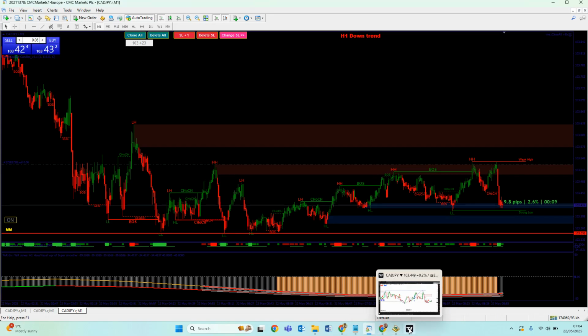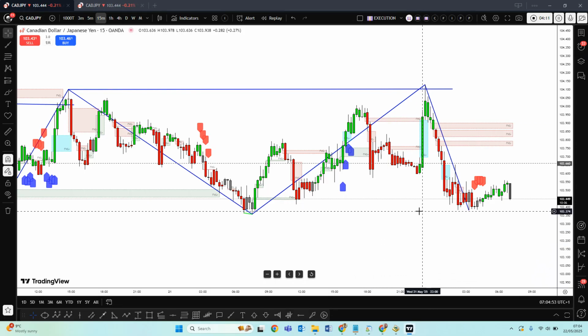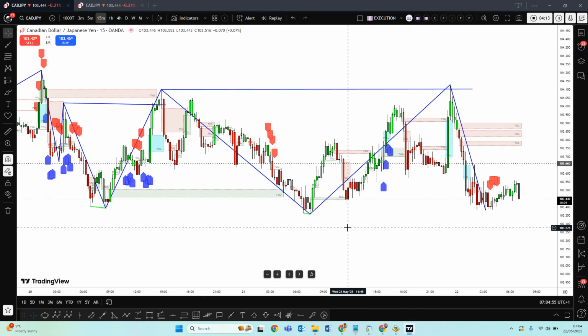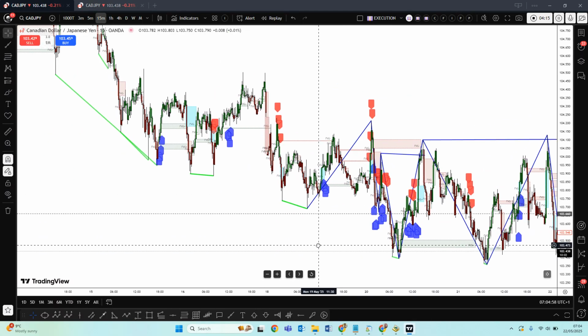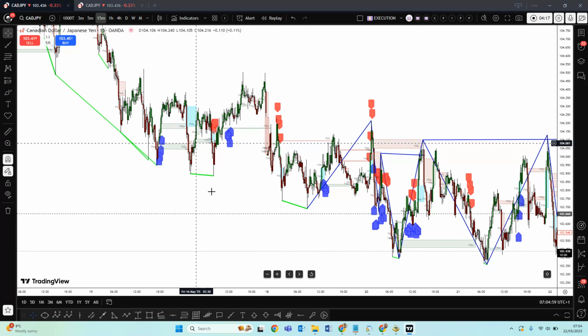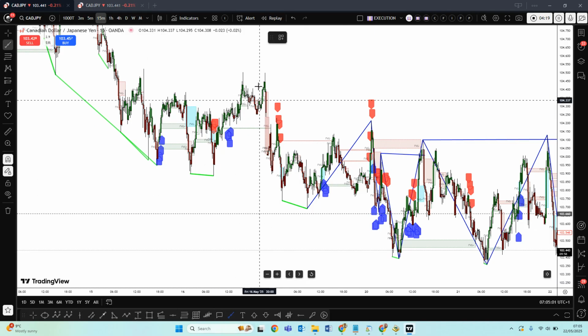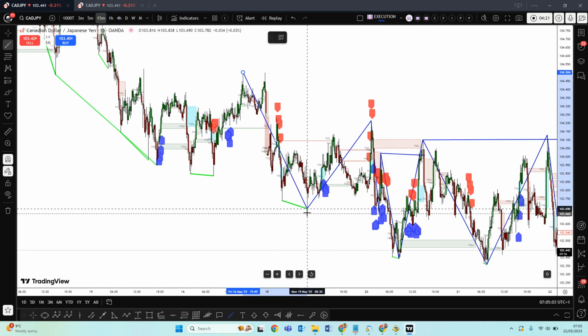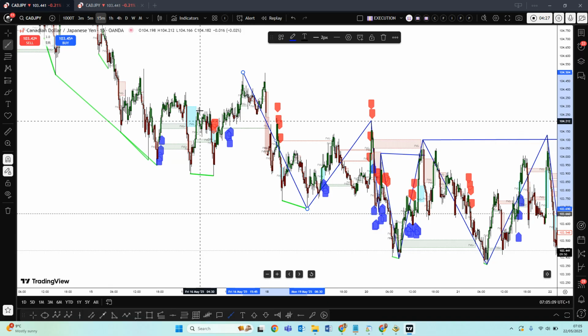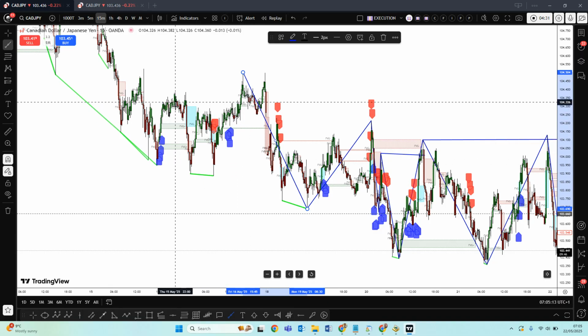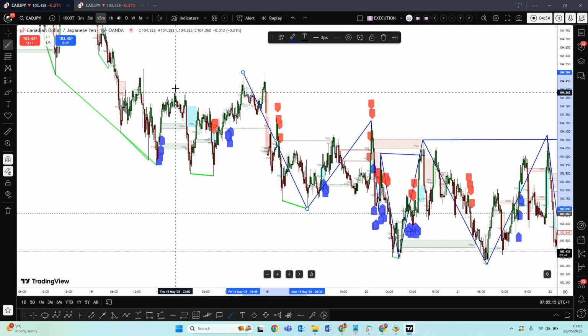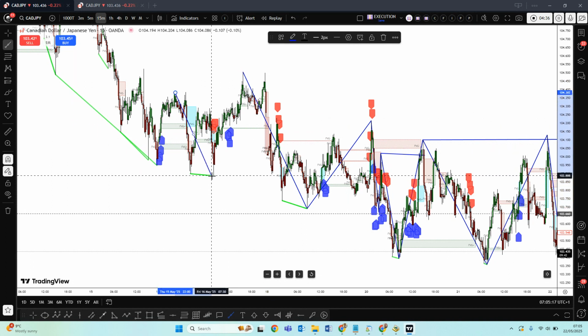So let's go back to the TradingView chart. We can project this. So we've drawn the high to low of that wave. There's a lower high here.